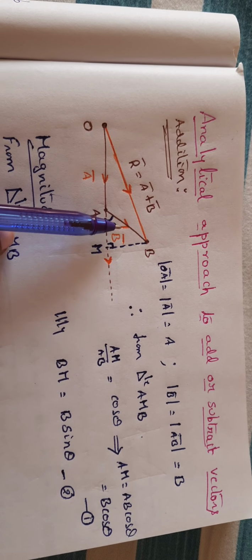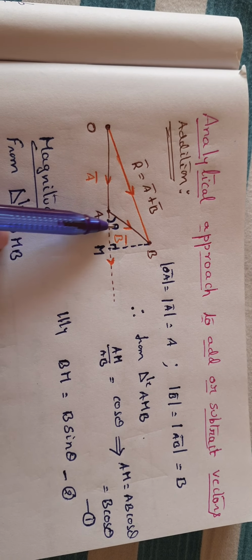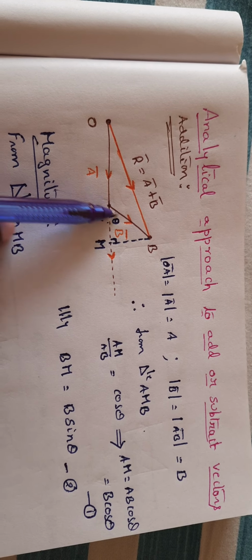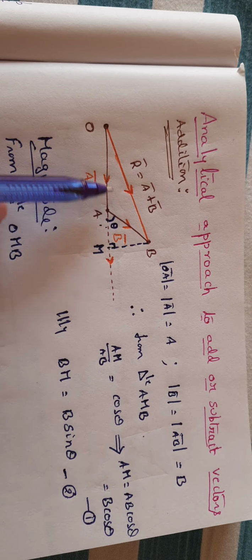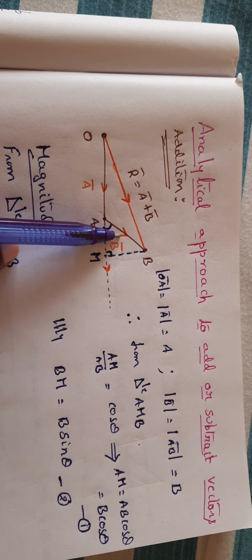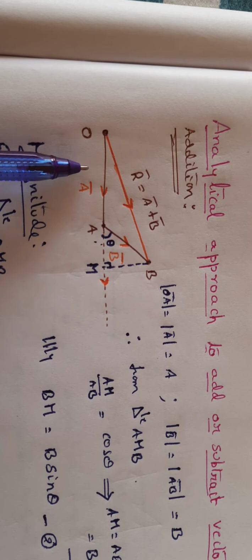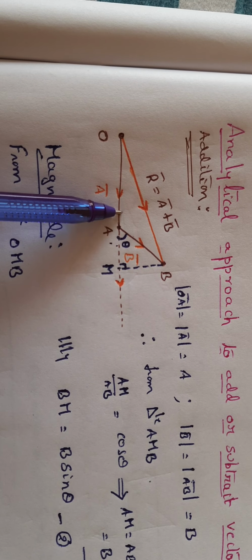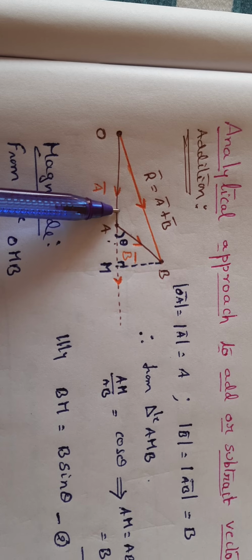See, as I said, angle between two vectors means it is the angle between their directions. Here are the two vectors A bar and B bar. From directly when you view this, you may feel that this is the angle. No, absolutely not. Why?